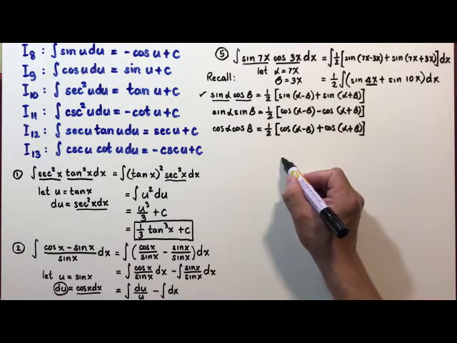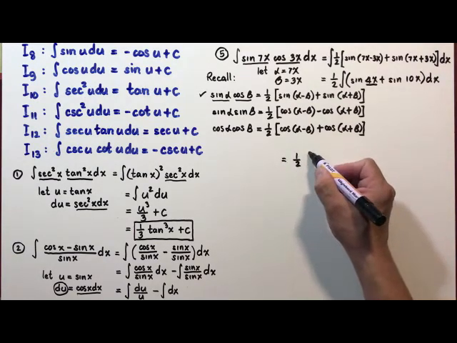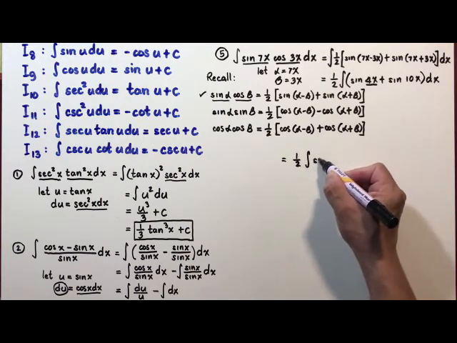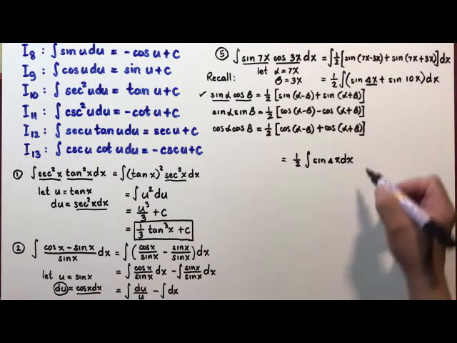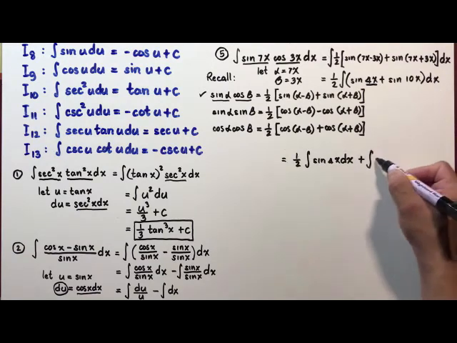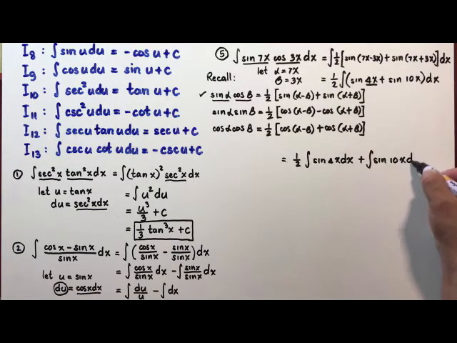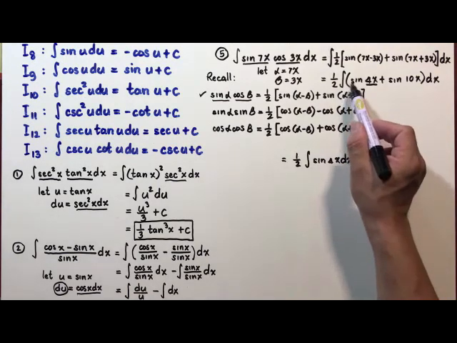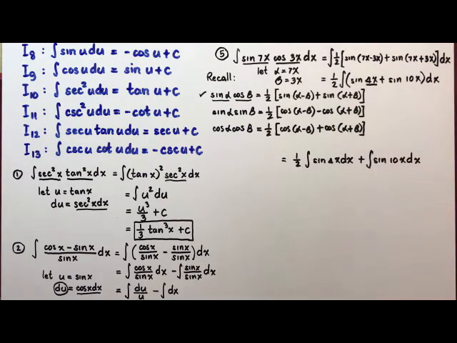So moving down here, this is equal to 1/2 times the integral of sine 4x dx plus the integral of sine 10x dx, because the integral of a sum is the same as the sum of their individual integrals.